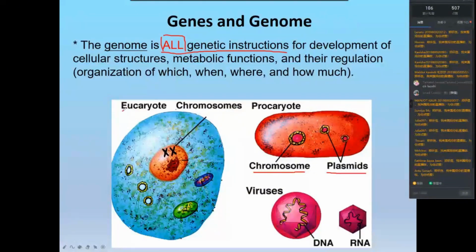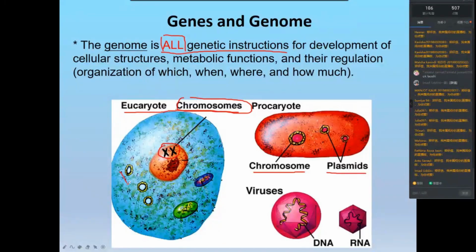And for eukaryotic cells, it's even more complicated. It includes its chromosomes. Like in human cells, we have 46 chromosomes in every cell, not including sperms and eggs. Every normal cell.